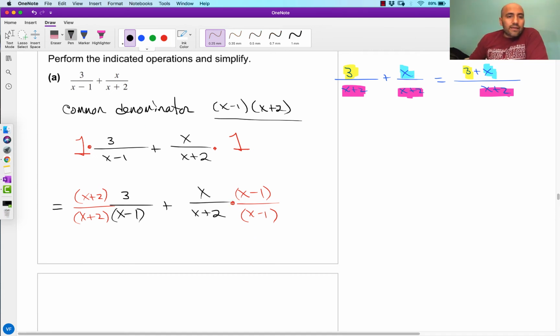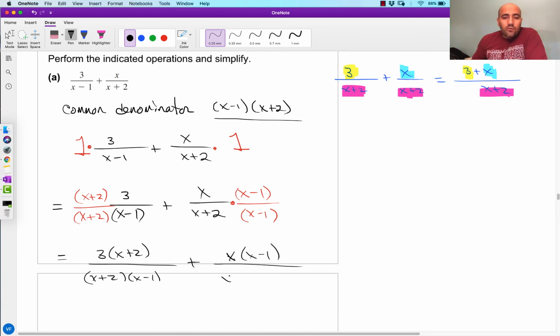So again, I can simplify this to be 3 times x plus 2 all over x plus 2 times x minus 1, plus x times x minus 1 all over x plus 2 times x minus 1.